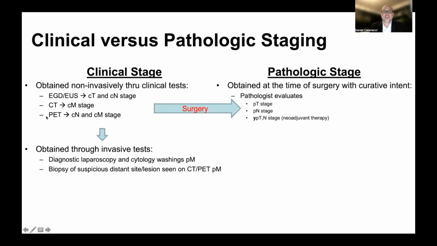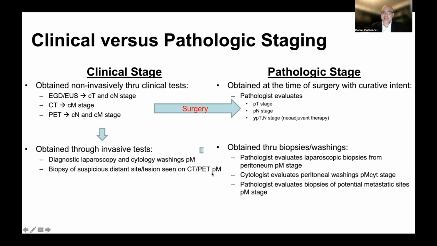Also, if these tests don't definitively identify a metastatic site, but there's maybe a suspicious spot that's not clear, then a biopsy of that spot, as it was seen on the CT and/or PET scan, would be conducted. And that would help to identify the pathologic metastatic sites.